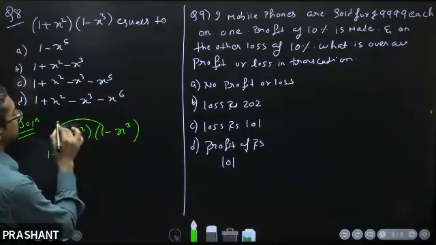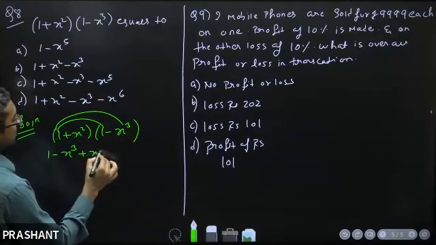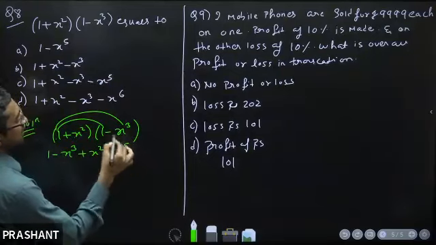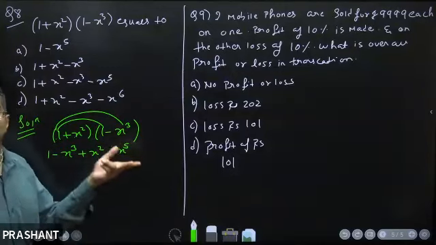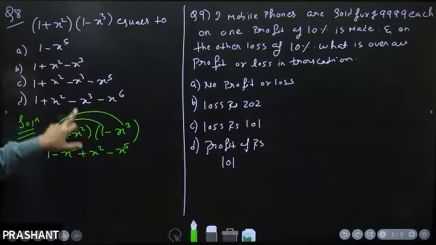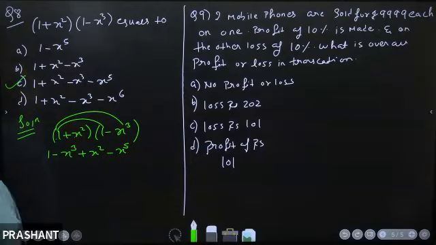We multiplied this with this, and this with this, okay? x square into 1 is plus x square, and x square into minus x cube is minus x to the power 5. So which option matches? 1 plus x square minus x cube minus x to the power 5. So this, correct? Okay.